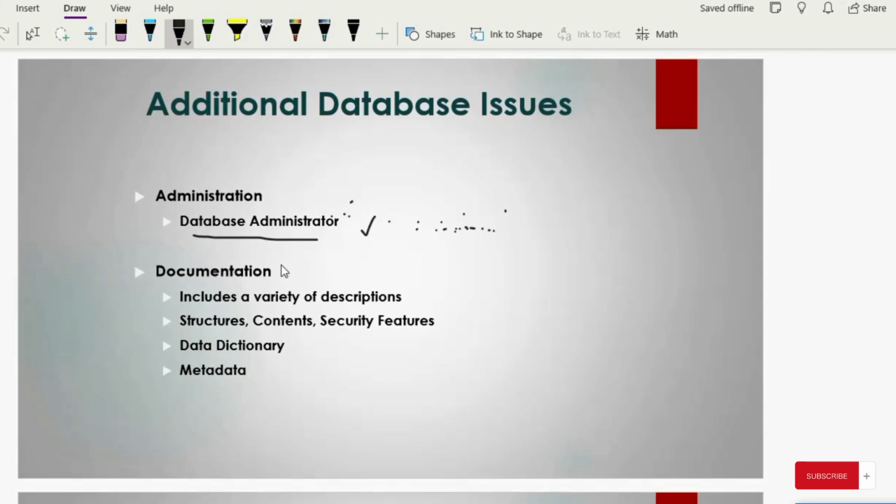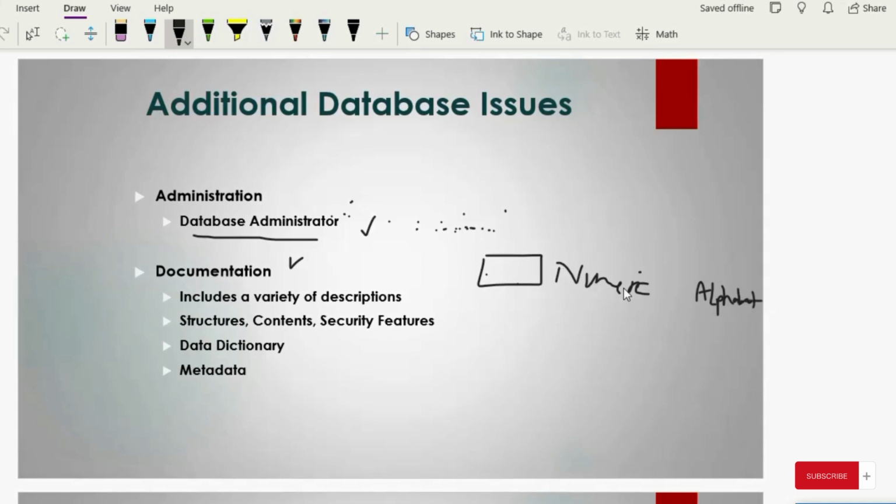Another important thing about databases is documentation. Documentation means the proper description of each and every content stored in the databases. Let's suppose there is a field in the database that is numeric; it does not allow alphabets to be stored in it.